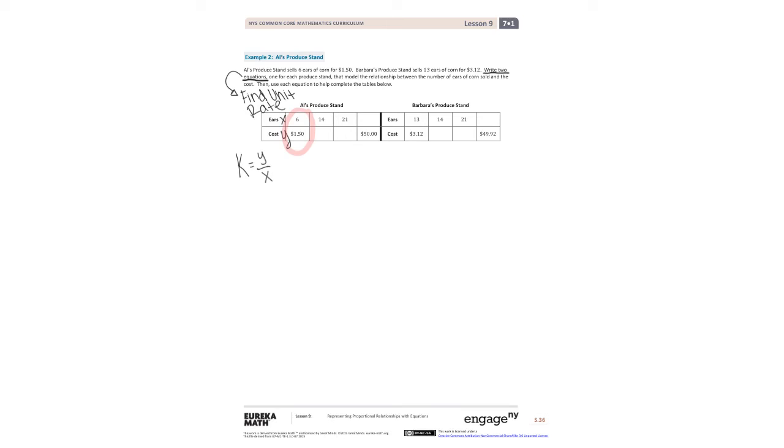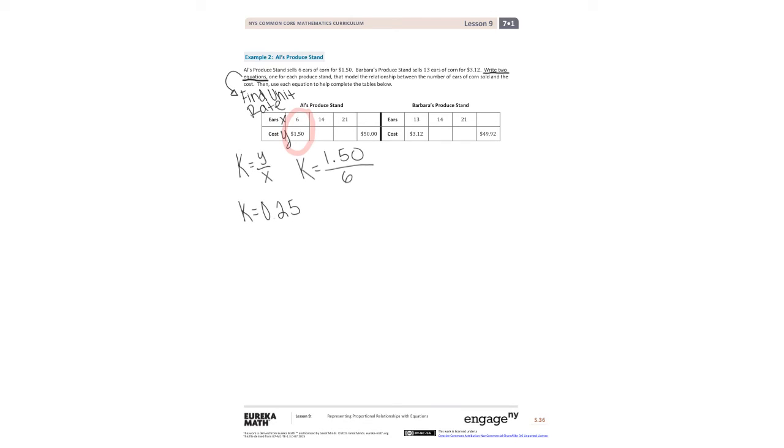and we will put it in as our constant. So our y value is 1.50. Our x value will be 6. Go ahead and put this equation into your calculator. All right, after solving, you will know that our constant, k, equals 0.25.